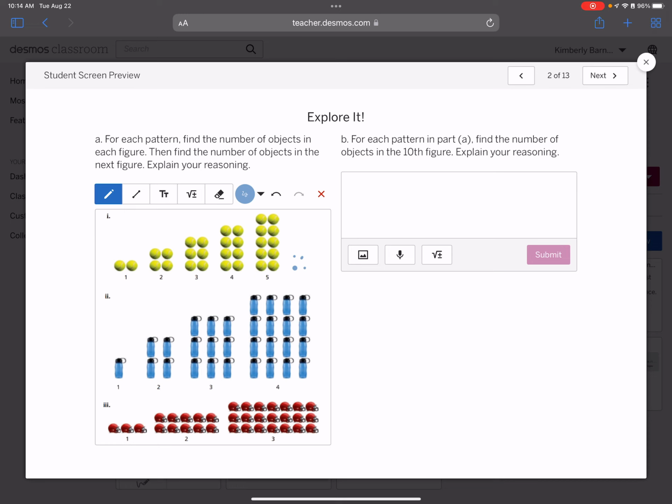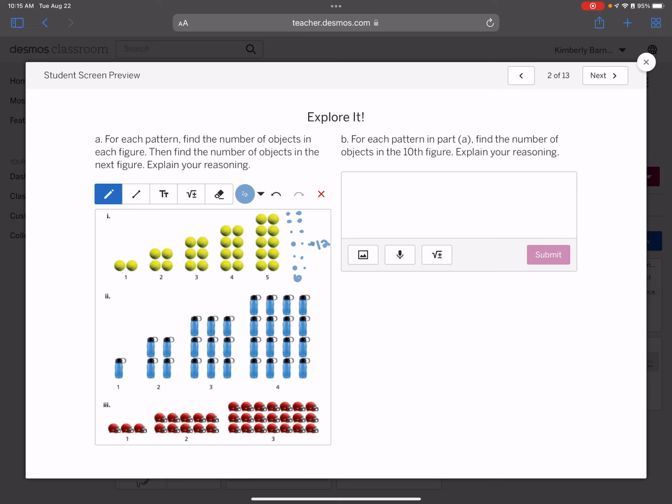So in the next one for part 1, you would have 2 columns, but now there would be 6 rows. So you would have 12 tennis balls in the next one.